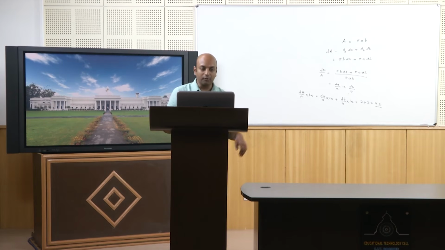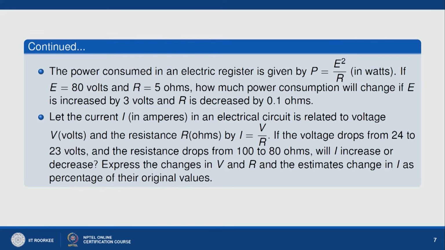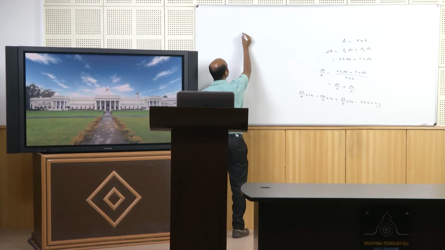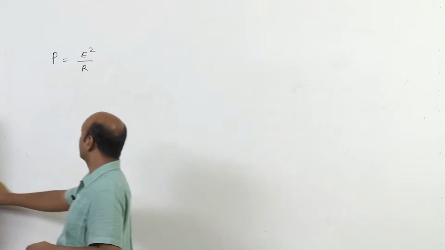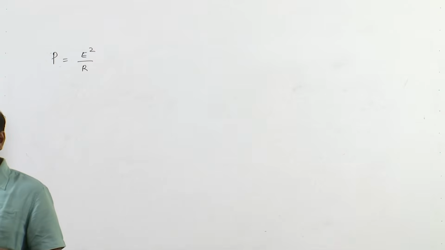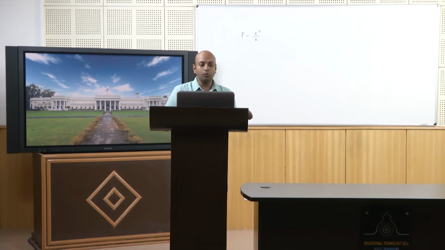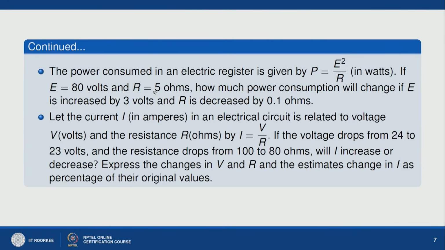Let us solve one more problem. The power consumed in an electric resistor is given by P equals E square upon R, in watts. If E equals 80 volt and R equals 5 ohms, how much will the power consumption change if E is increased by 3 volt and R is decreased by 0.1 ohm? So, that we can find out.